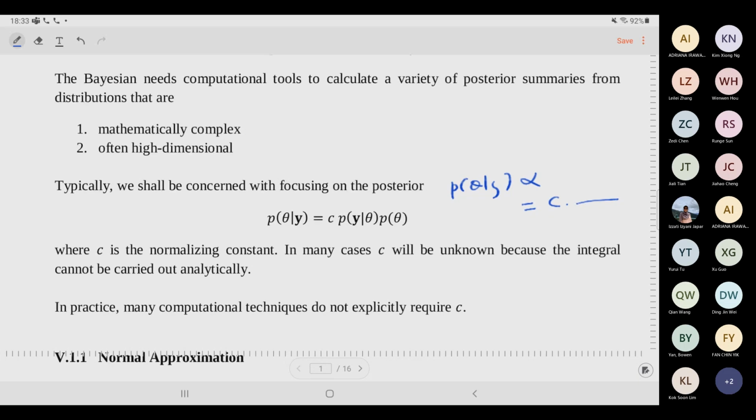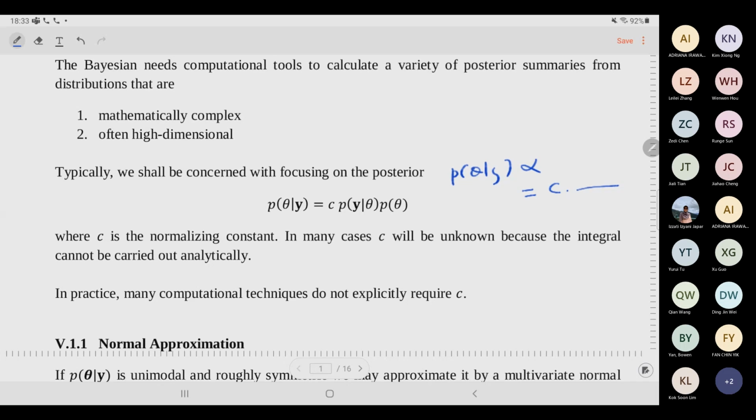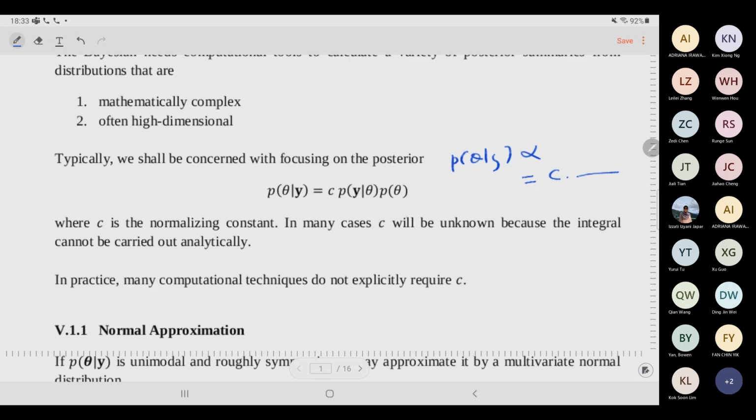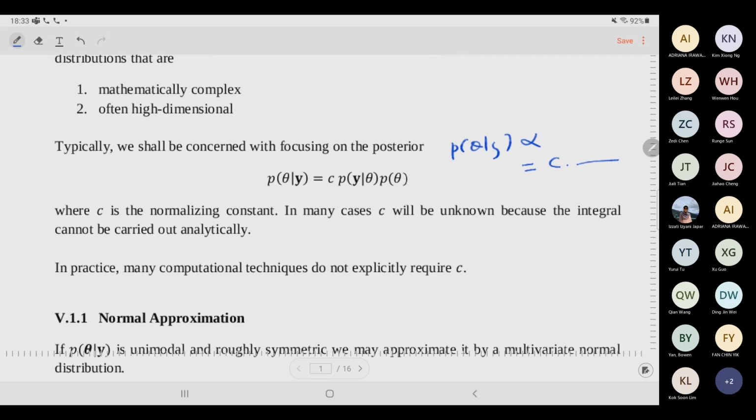Okay, so if you want to use this as a proper distribution, it's hard because, first, it's complicated, and second, you don't know your normalizing constant C. C is unknown. So whenever we do the computation part of Bayesian, we try to use computation techniques which do not require you to know your C. Even though C is unknown, you can still do your sampling or your approximation.